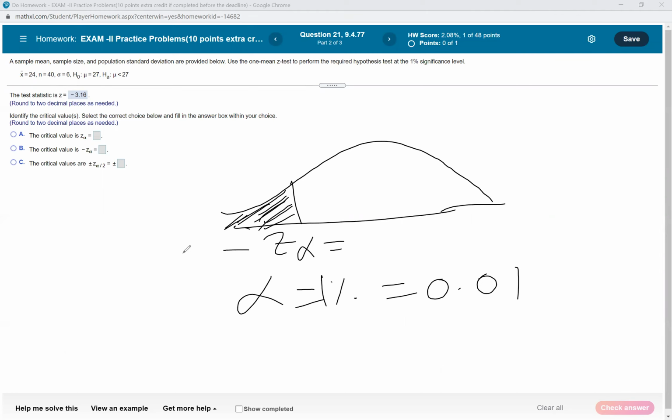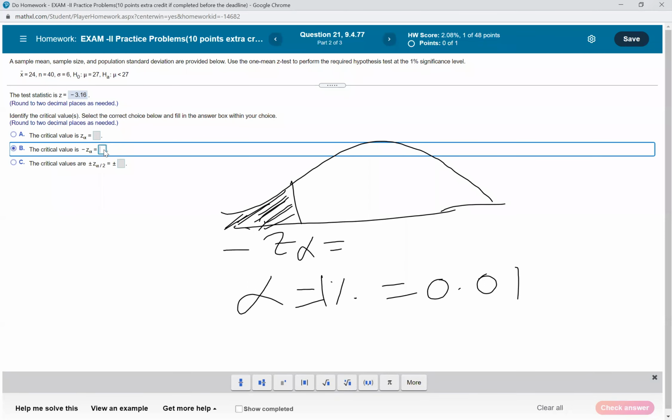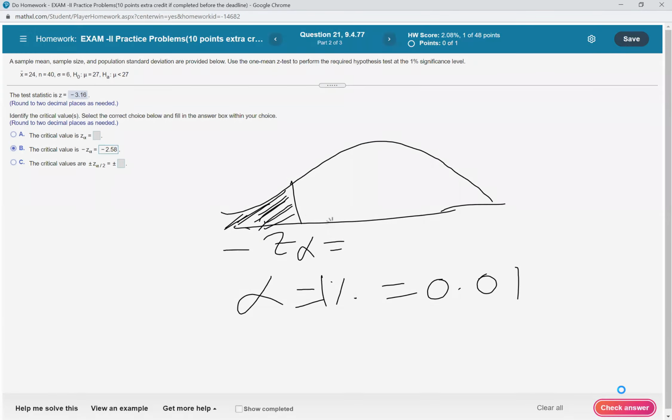If you look at the z table, you can get the critical value. So from the z table, you can find it. I think it is negative 2.576 or something. Let me check whether it is negative 2.576 or not. Negative 2.58, I guess.